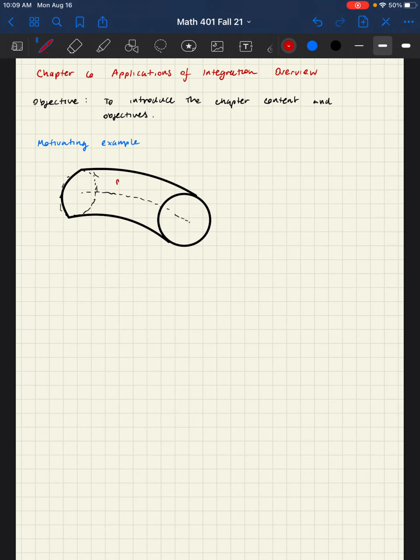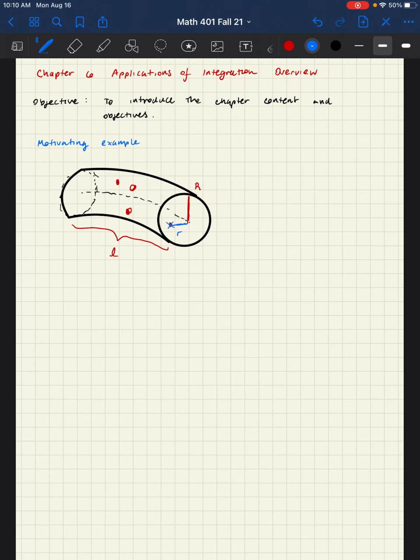Imagine that there's blood, the little blood cells, running through here, through the length of this vessel, and the vessel has a length L. We assume that the vessel has a radius, capital R, and at some point inside the blood vessel, for instance right here, it's some distance little r from the middle of the blood vessel.